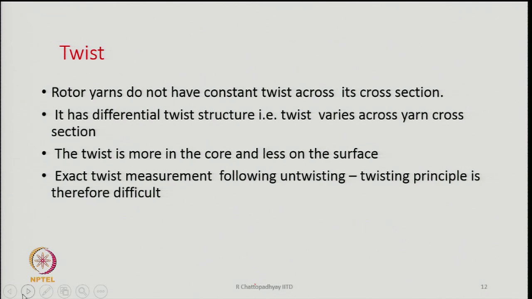By the time we untwist the surface fibers and make them parallel, the core fibers are still having some twist. So, what we will find is that in such a condition, if we try to stretch the yarn, it is not going to break. This will not happen in the case of ring yarn.